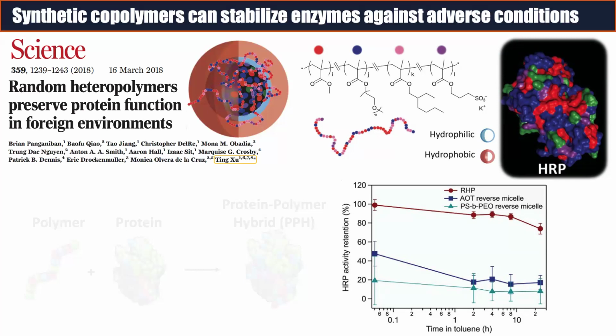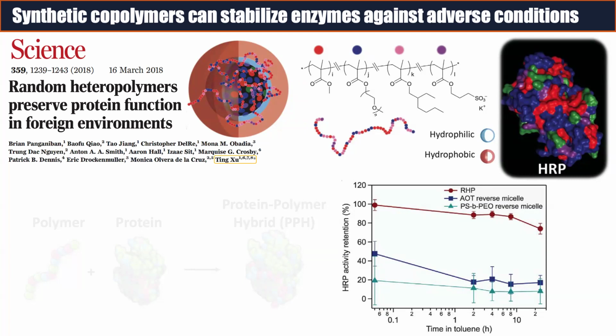So a regular old enzyme in its happy state is 100%. But the difference here is that they're looking at this enzyme in toluene, which is a very harsh solvent. Ordinarily, in the presence of nothing, it would denature that enzyme quite readily. This is a comparison of different stabilization strategies, this being the random heteropolymer strategy, composition design in a complicated way I won't get into, but it works pretty well.